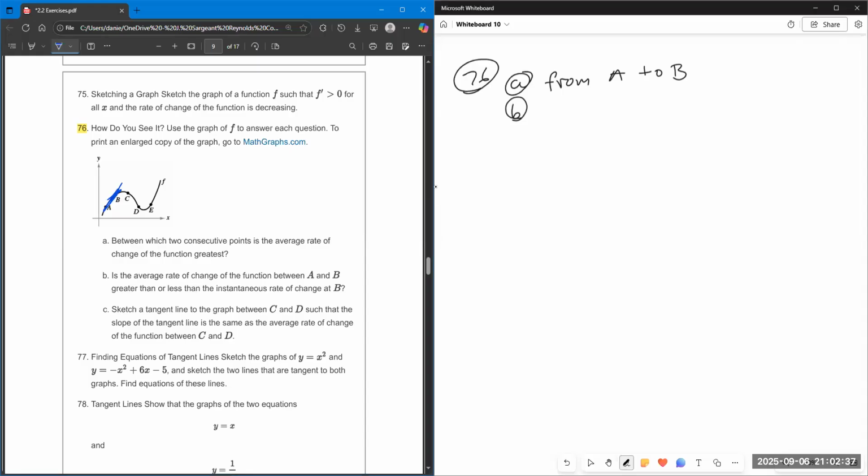So the average rate of change of AB is greater than the instantaneous rate of change at B.